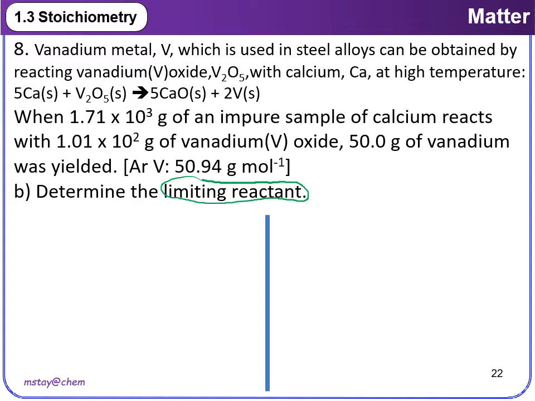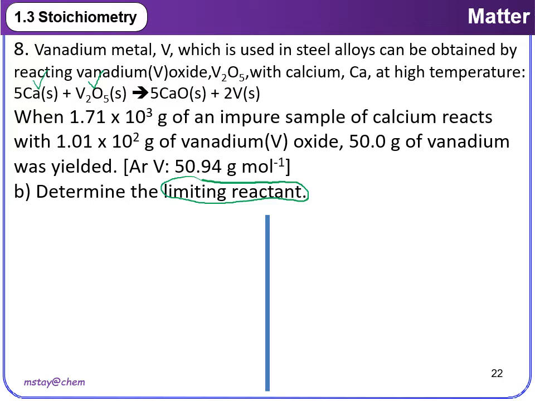Okay, now we are in part B for question number 8, which asks us to determine the limiting reactant. Based on the previous question, we say that if information about two reactants is given, we need to determine the limiting reactant.